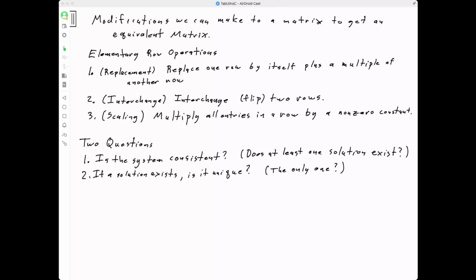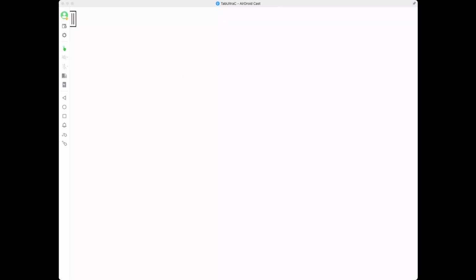And I'm going to write this to the right because I want you to be able to see it when I show you the image. But I want to start with the set of equations 0x1 plus 0x2 plus x3 is equal to -2.